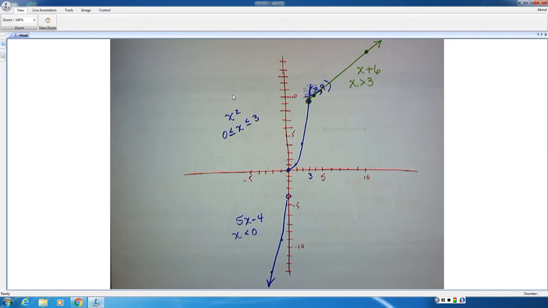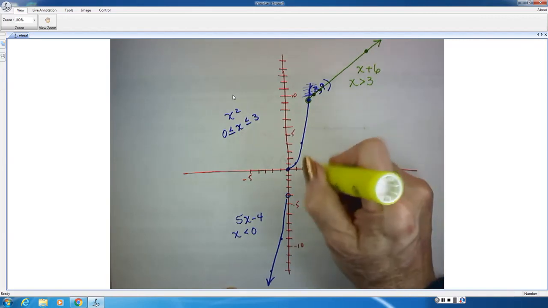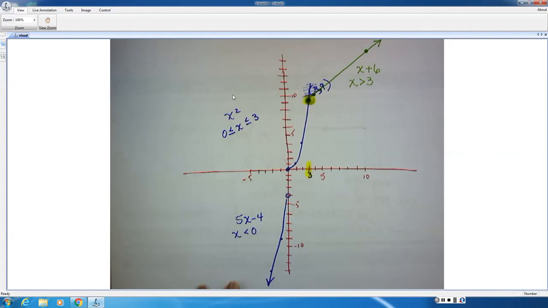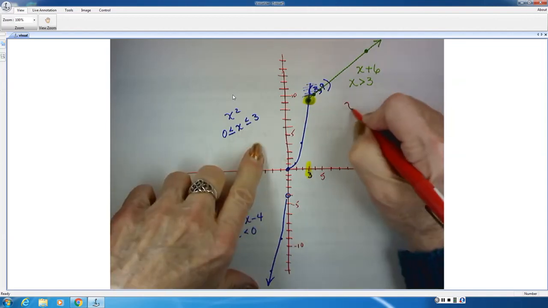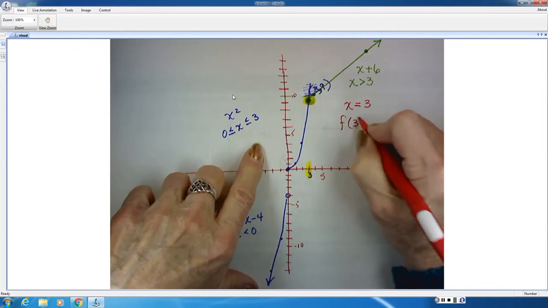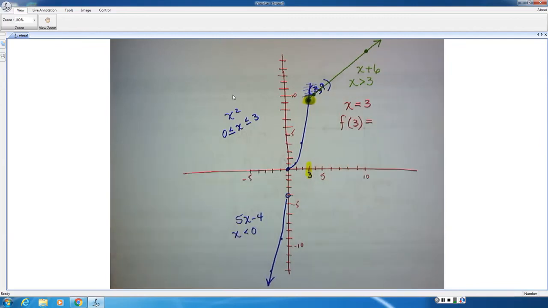So talking about this from the limit side, let's look first at the breakpoint 3. This is one of the important points. Looking at 3, that is a potential place for discontinuity. So let's apply the 3 rules, looking only at x equals 3. What is the value at x equals 3? 9. It's 9.